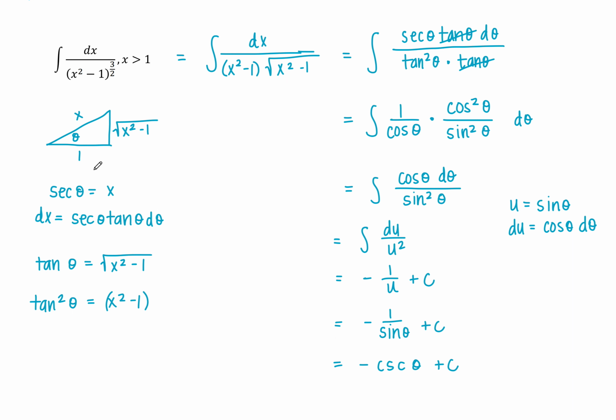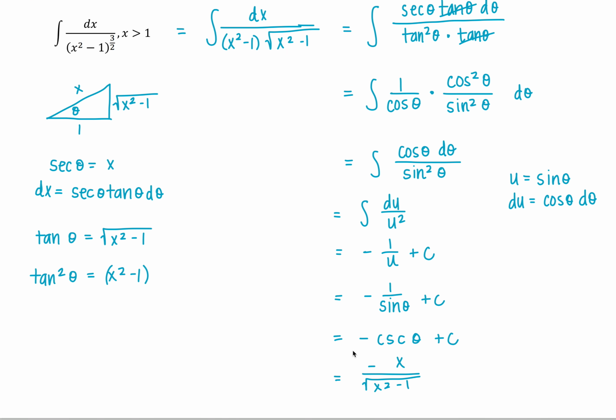If I come over here to my triangle, sine is opposite over hypotenuse, so cosecant is hypotenuse over opposite. So I'm going to end up with negative x over the square root of x squared minus 1, running out of space here, plus c.